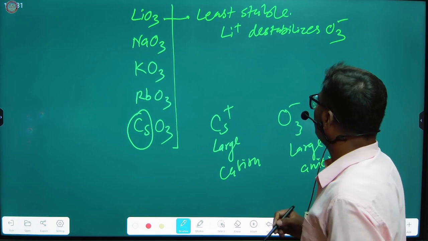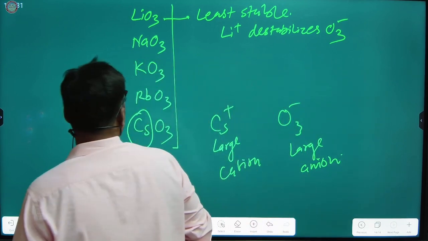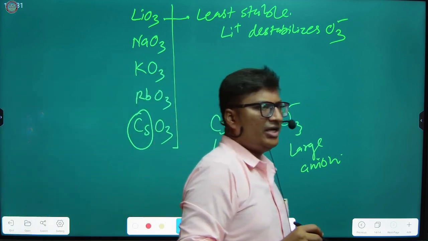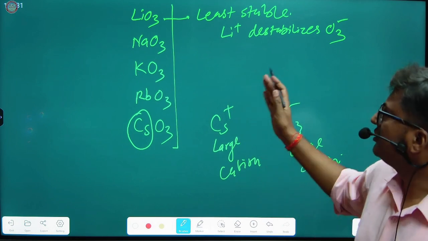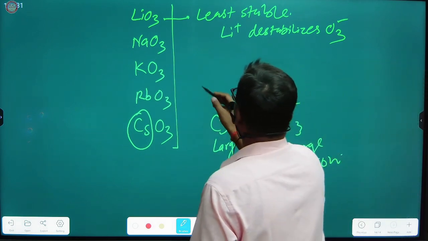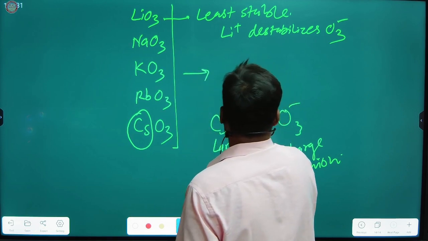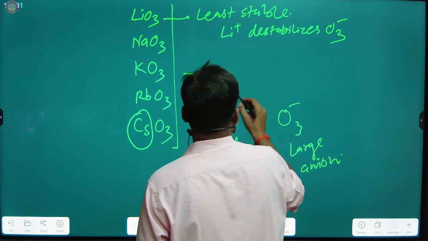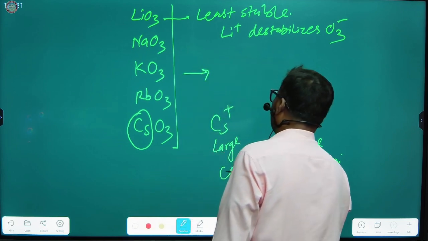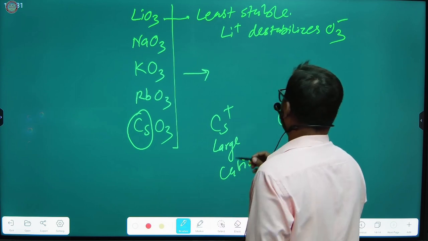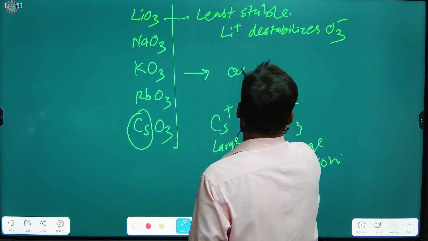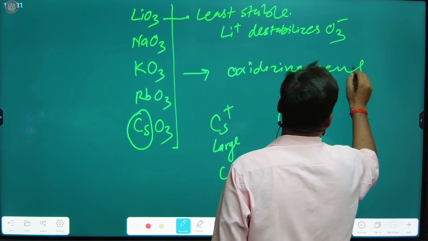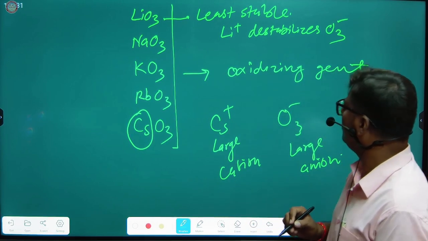Similarly, sodium ozonide and potassium ozonide are not stable, they are highly reactive. And all these compounds are potent oxidizing agents. They are highly potent to oxidize other compounds. So they are all oxidizing agents.